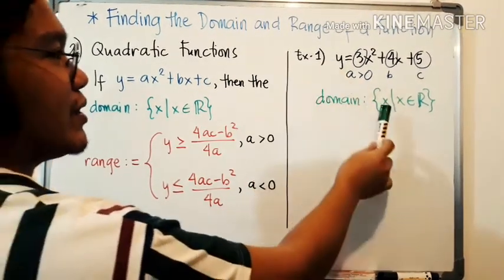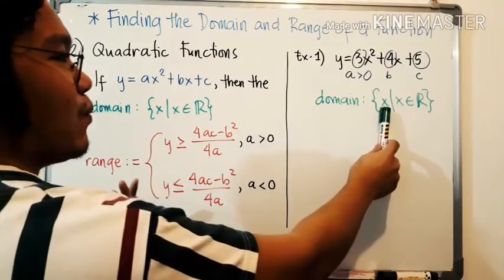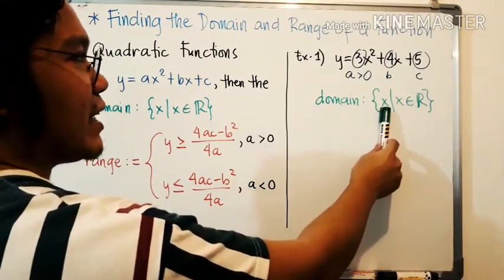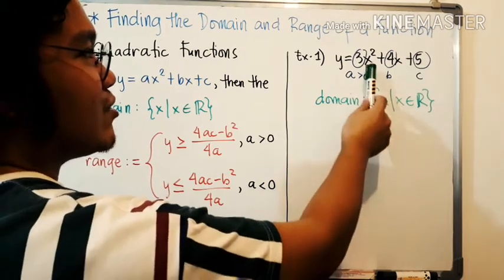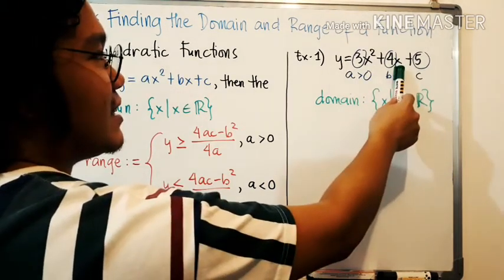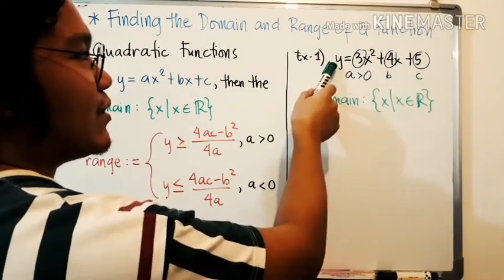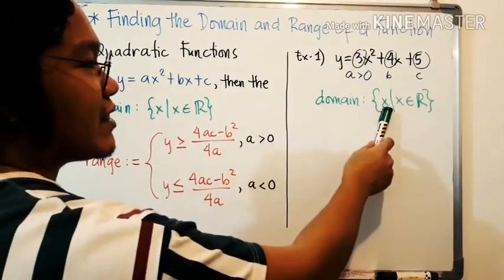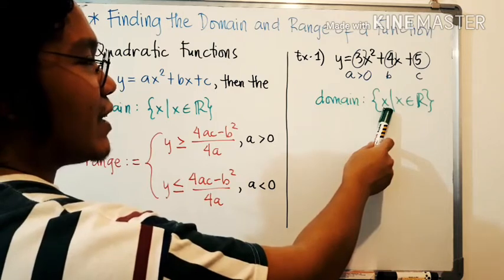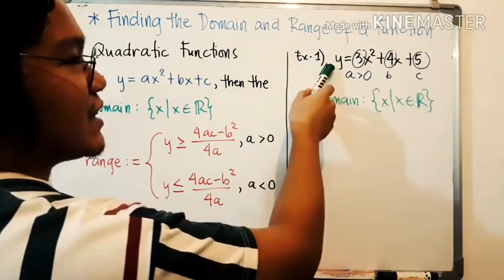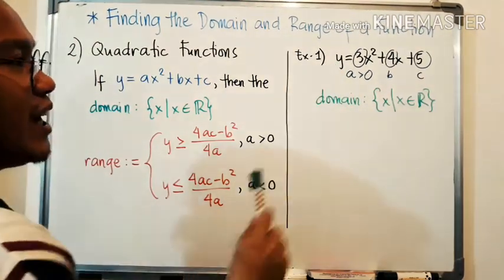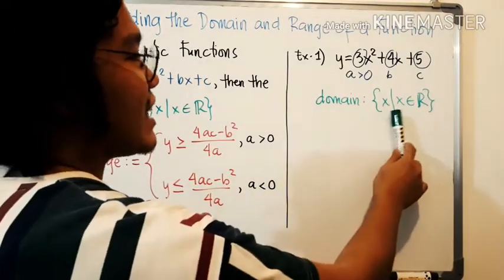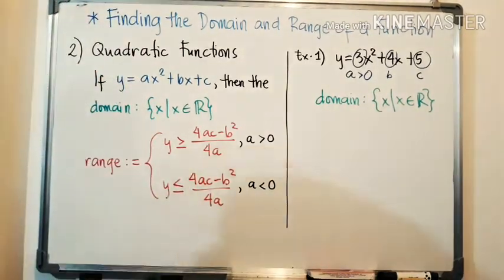Whether, say, x is equal to 100, if we substitute 100 for x, the value for y is real and defined. Or if we use negative 1,000 as our x value, our y is still real and defined. So our domain is the set of all x in the real numbers.